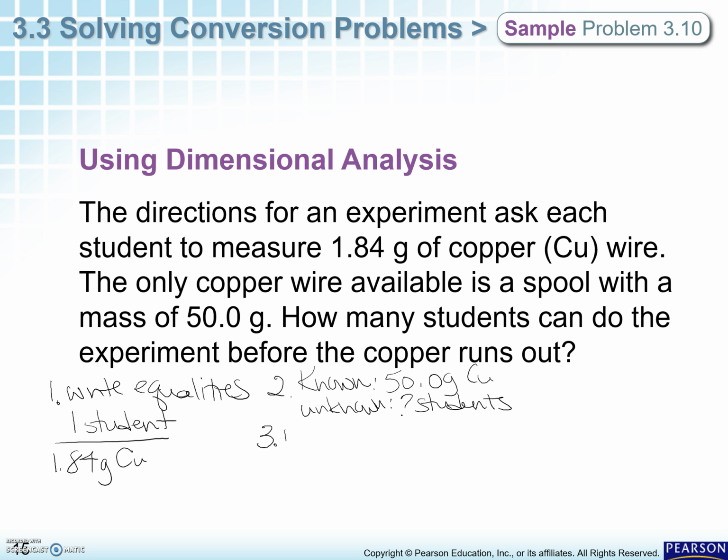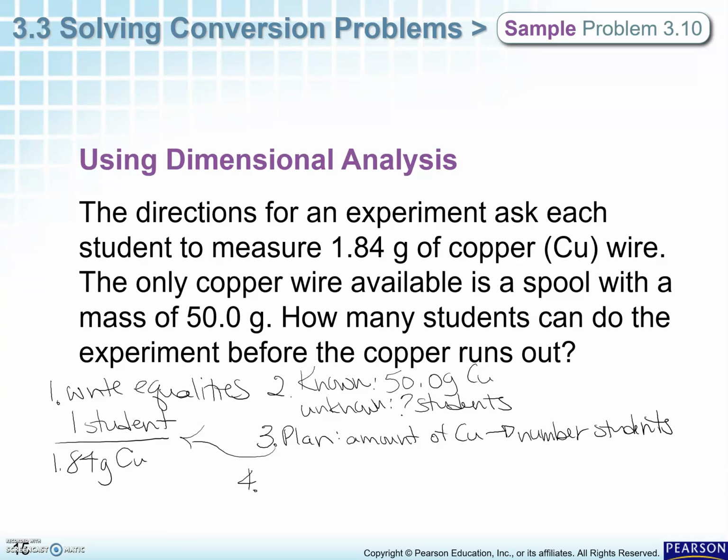Then we want to write our plan. So you want to start with the information that you were given, so the amount of copper, and we want to get to the number of students. Okay, well, we have an equality just for that.